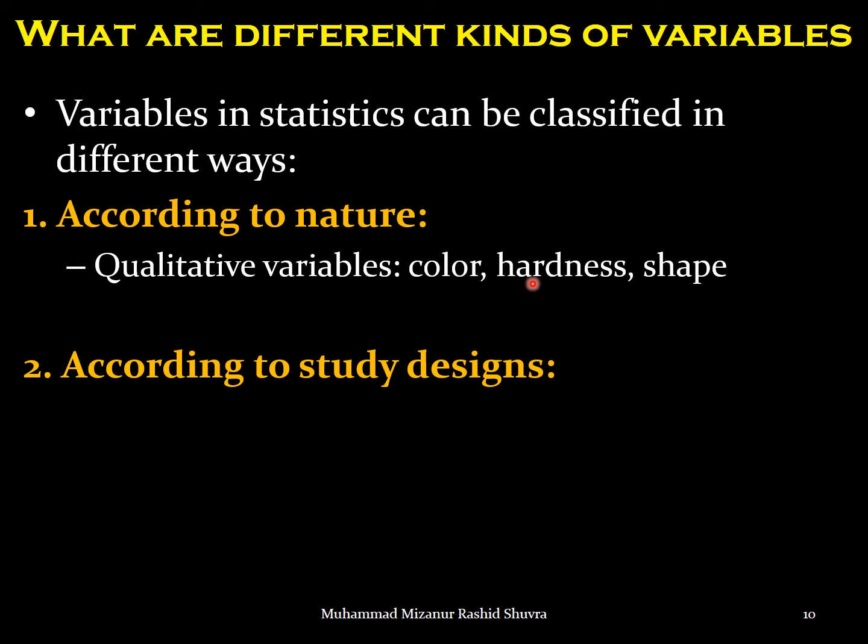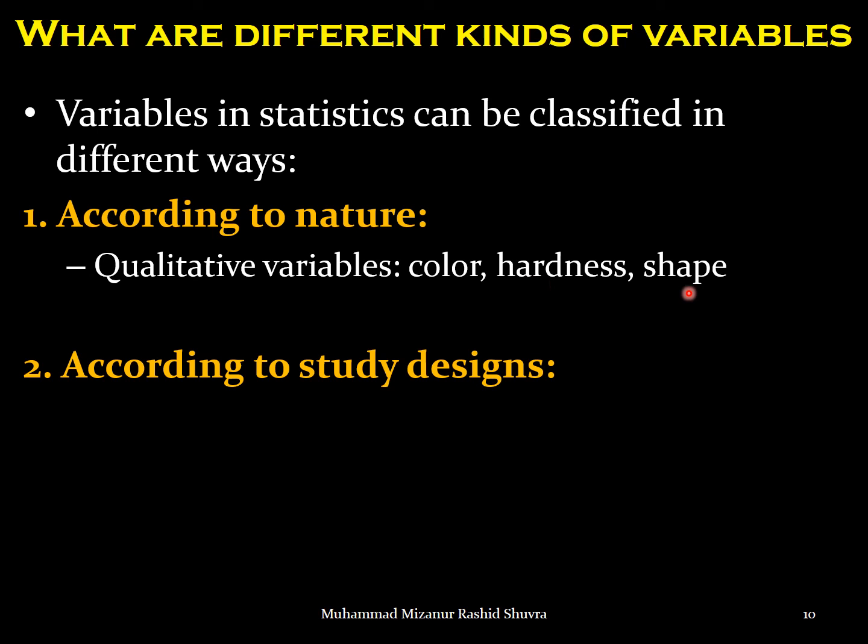Hardness, if you know the Mohs scale, is the scale that measures hardness. The hardness variable itself is really not measurable. They have made a scale, graded from 1 to 10, with 1 being talc, the softest thing ever, and diamond, I think, being the last, the hardest thing.